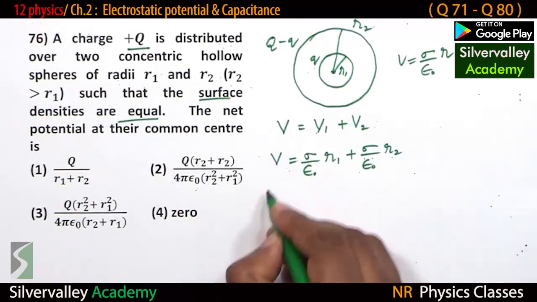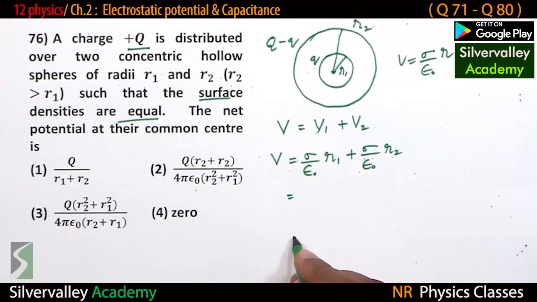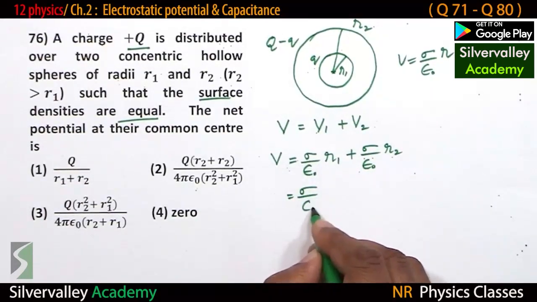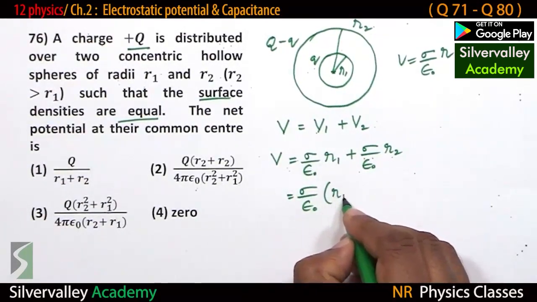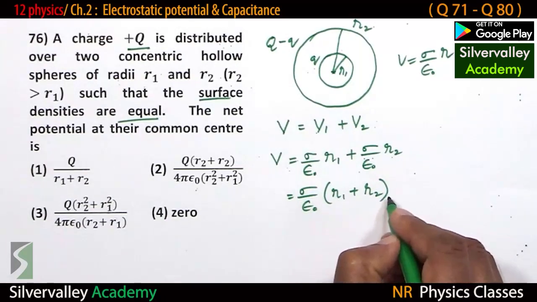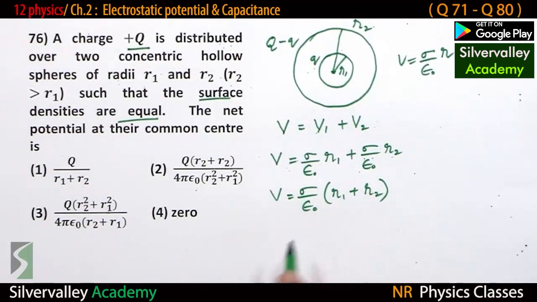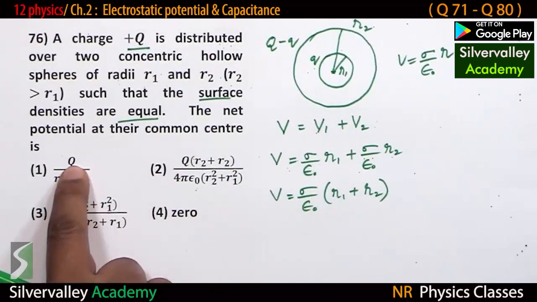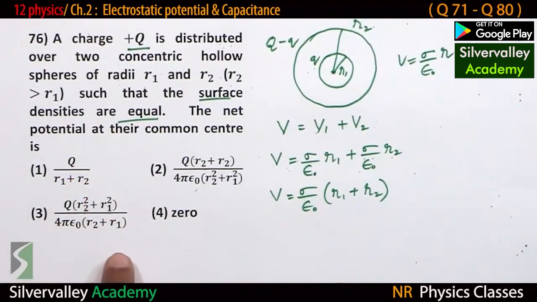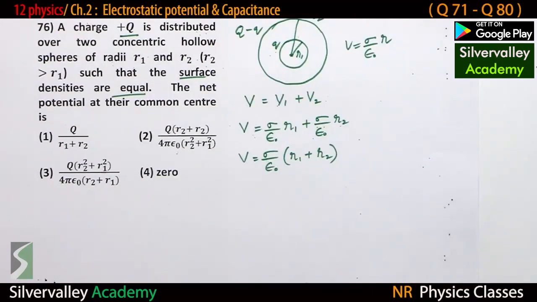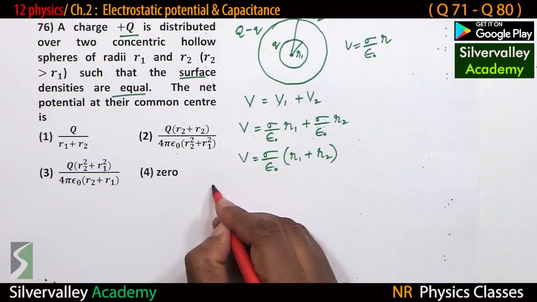So sigma by epsilon naught is the common factor, R1 plus R2. Okay. So this is the net potential. But observe the options. They are in terms of Q, with something in the denominator. But what is the total charge?